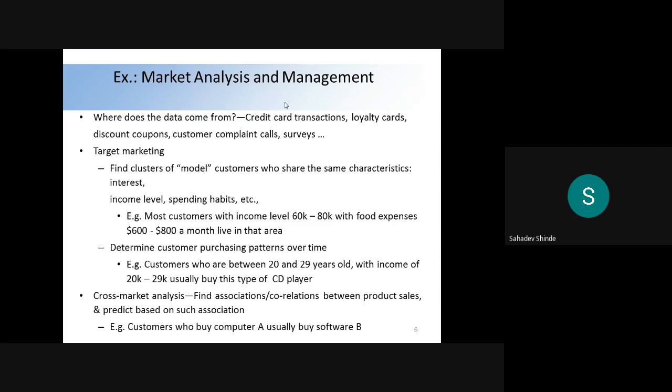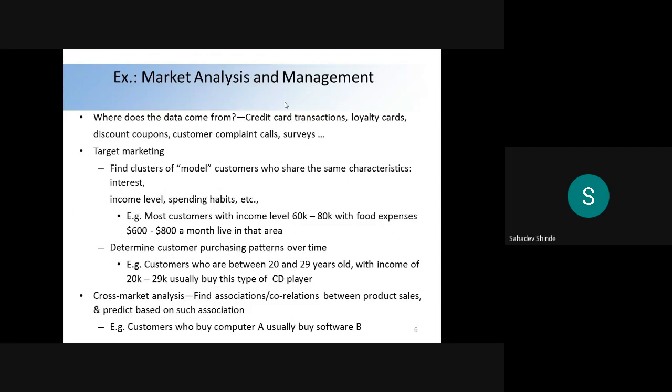Now the target marketing. So what is target marketing here? Find clusters of model customers who share the same characteristics, such as interest.